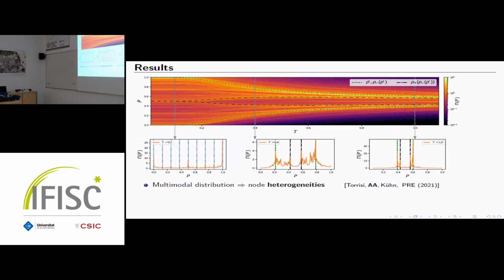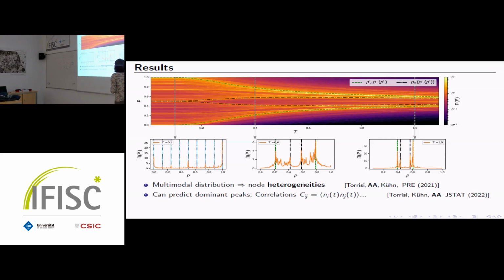From a general point of view, you can see these distributions are really heterogeneous. They are multimodal, indicating that there are stronger heterogeneities in the network, and you wouldn't be able to get this, for example, from a mean field method. So the cavity method is really nice because it pins down to the individual node in the network.